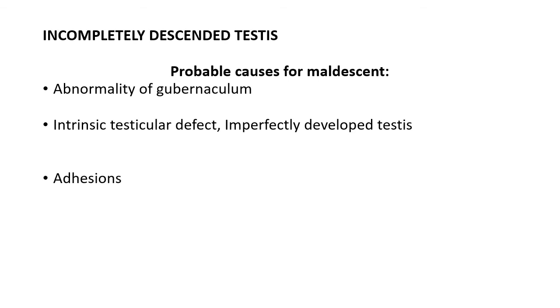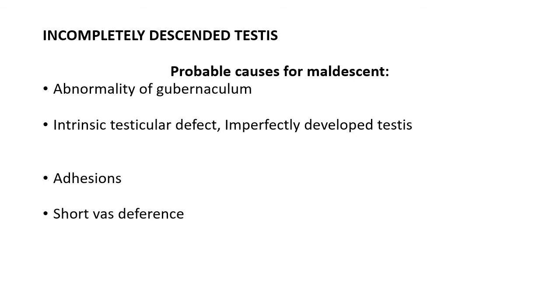One more factor to consider is that, as we have seen, there is a structure called the mesorchium by which the testes are attached to the posterior wall, and by the 10th week of intrauterine life this mesorchium starts disappearing. But suppose it doesn't disappear properly, then it might interfere. Another factor could be if the testes are adherent to the surrounding structures.